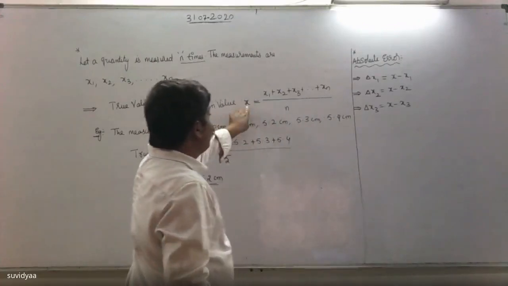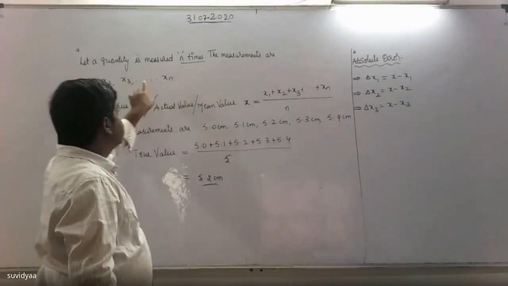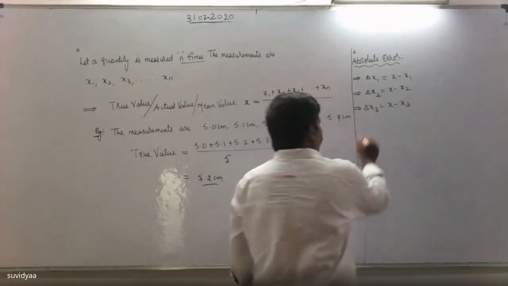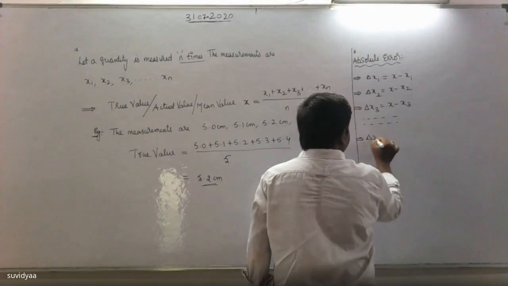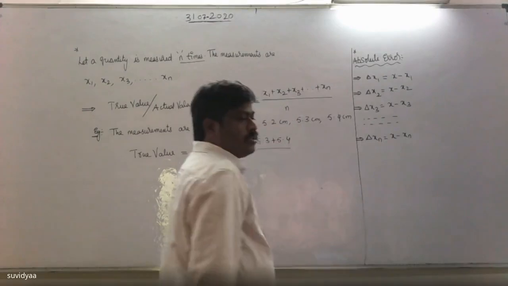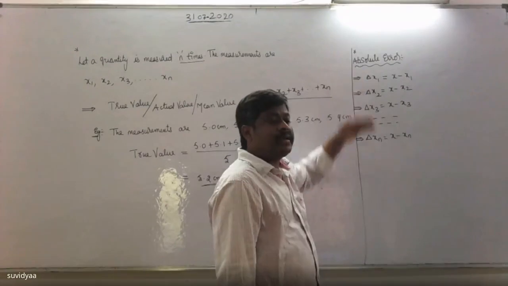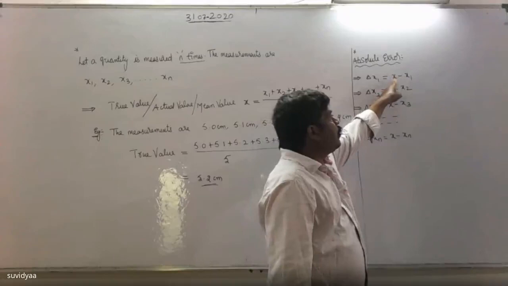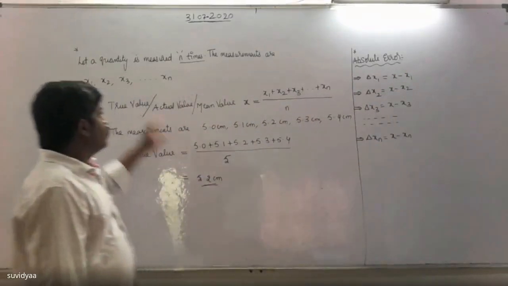True value minus second measurement, true value minus third measurement, and so on. Delta xn is equal to x minus xn. So these are the formulas to calculate absolute error. Simple. True value minus measured value. Okay, that's all.